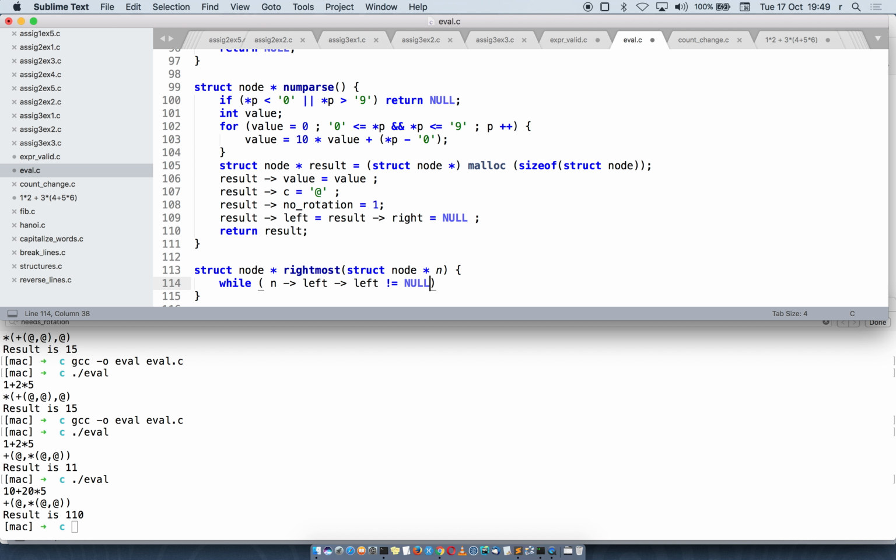I want to be at this null. And again, I should be using for instead of while. Equals n arrow left. Return n.